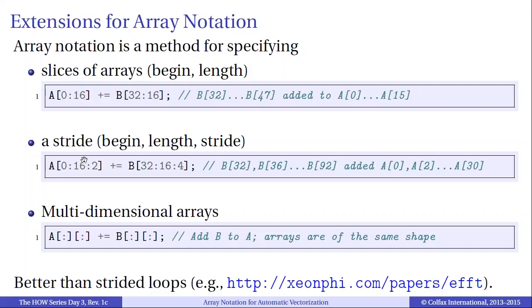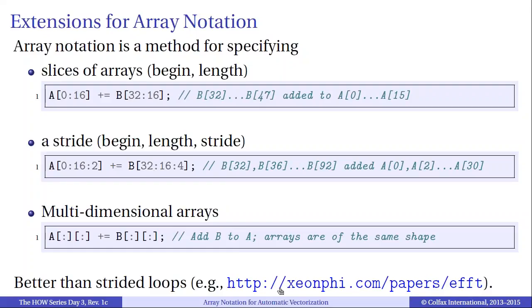I want to take 16 elements in array A, starting from element 0 with a stride of 2. So I want to take elements 0, 2, 4, 6, and so on. This means that I want to take 16 elements starting from 32 with a stride of 4. So I will take elements 32, 36, 40, 44, and so on. The compiler is able to better see the memory access pattern in such an expression than if you were to write this with a loop.